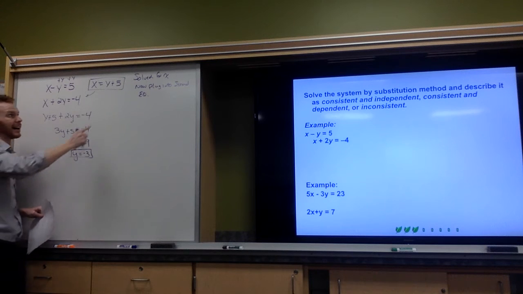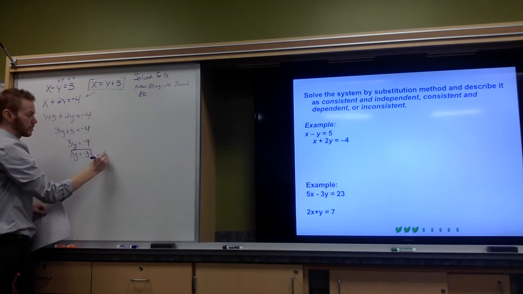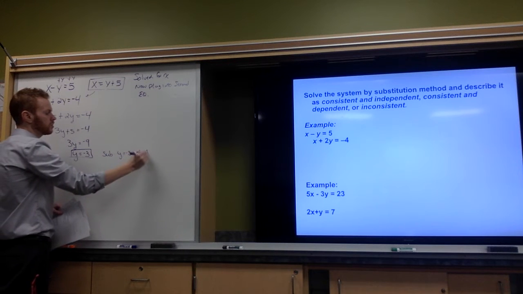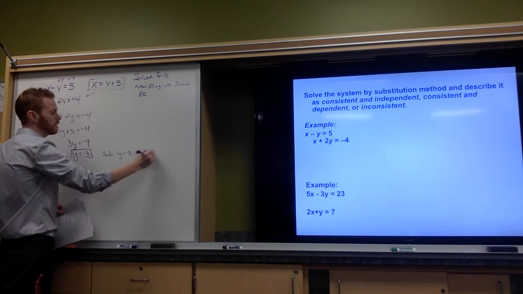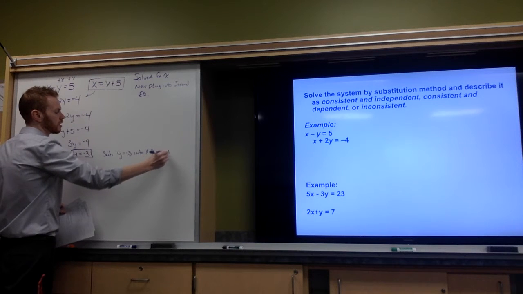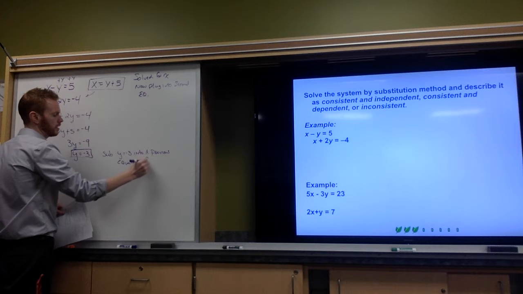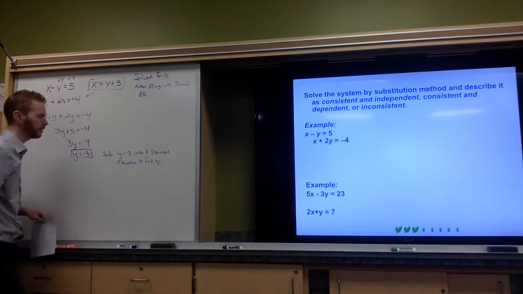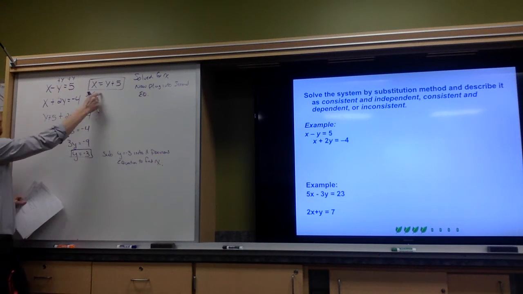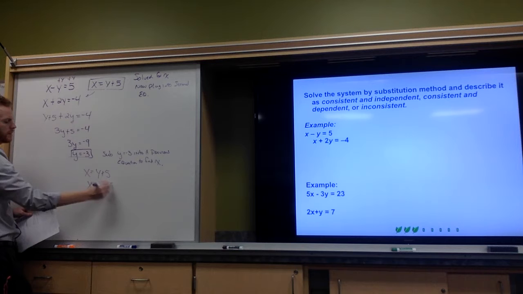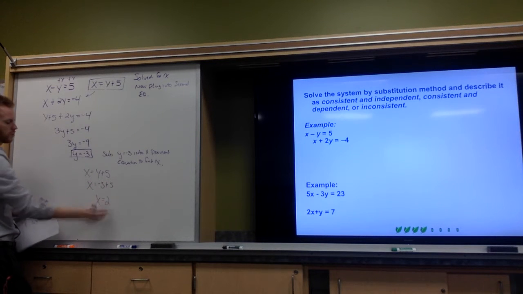So I'm going to pick this one, because it's the easiest. Now I'm going to sub y equals negative 3 into a previous equation to find x. So x is equal to y plus 5. x is equal to negative 3 plus 5. x is equal to 2.